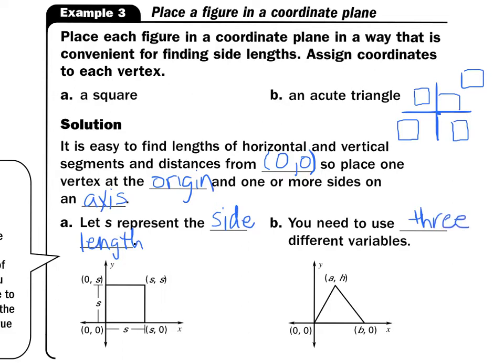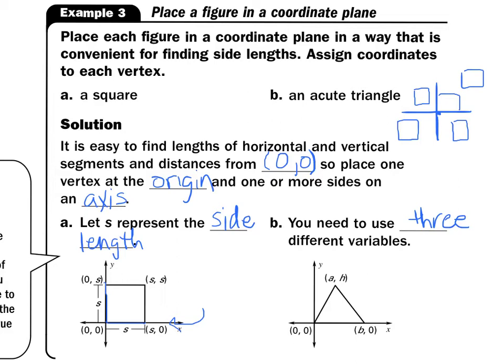Okay, so let's look at how they set up this A. From 0, 0, and then you would draw one side of your square, and you would say that that side's S long. So that's how they got the coordinates S, 0. Now they put the other side on the y-axis, and they said, well, it's 0, but it goes up to S on the y-axis because it's a square, so all sides have to be the same.